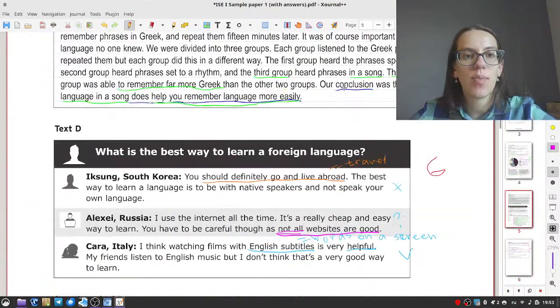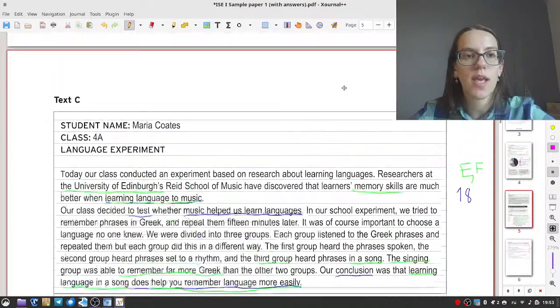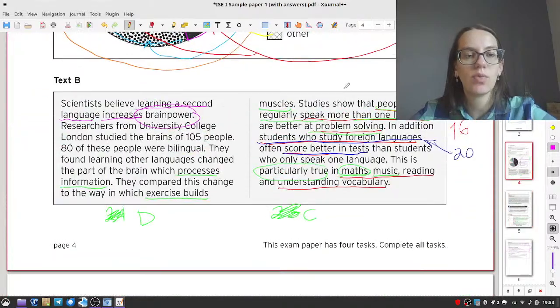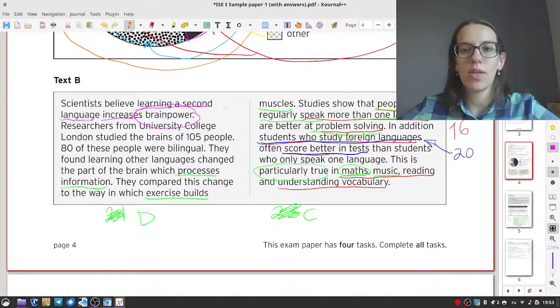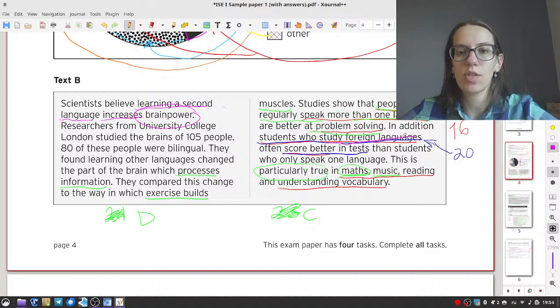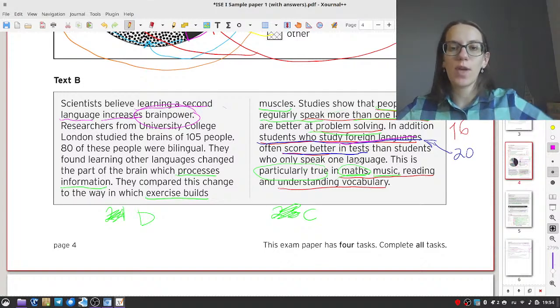Where did we talk about this? In which of the 4 texts? Well, it was in text B. We talked about students getting higher marks. And how exactly does the text say this? In addition, students who study foreign languages, again, often score better in tests than students who only speak one language.